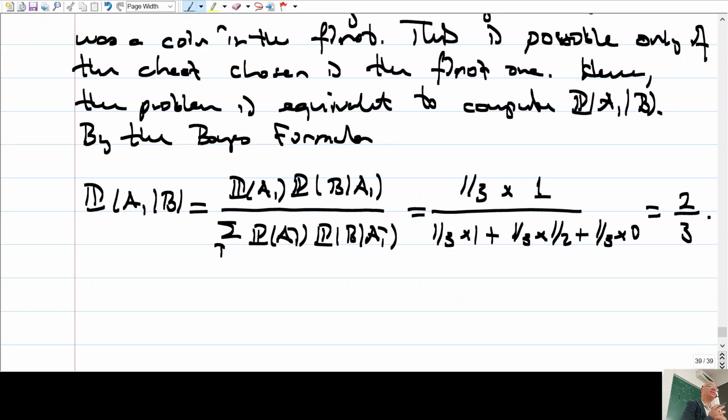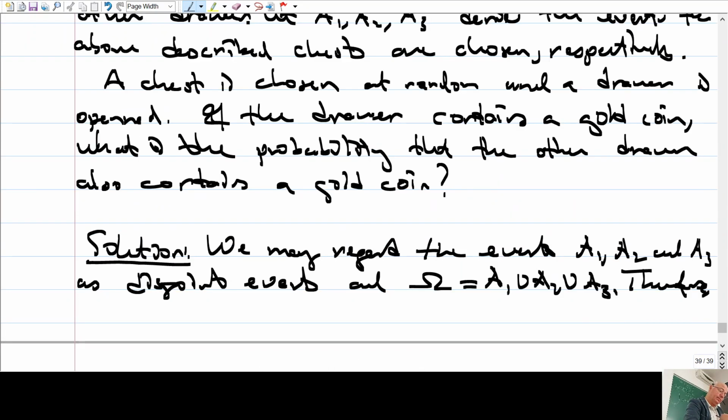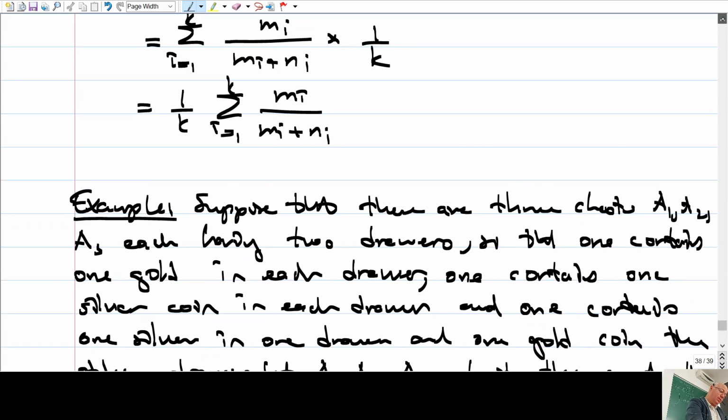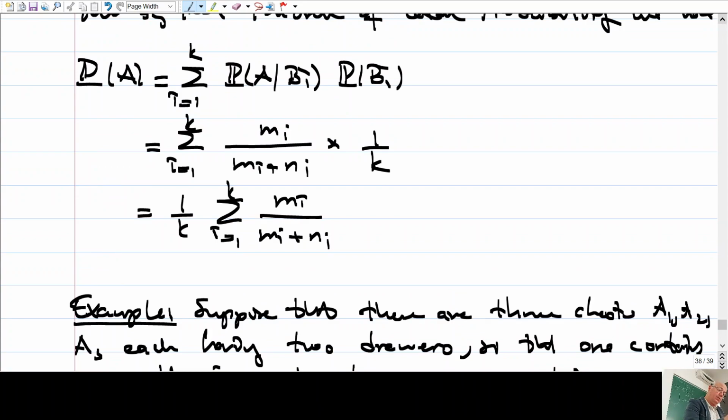Evet. Aha, öyle mi? Ama orada işte PBI dediğimiz şey, yani emin değilim ya.